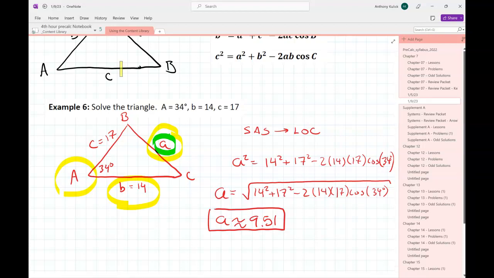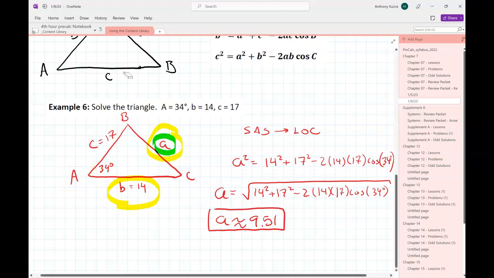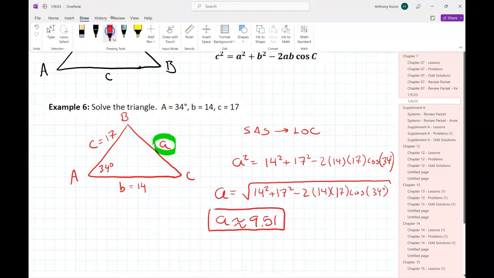And I want to be careful that I don't run into that ambiguous case where I put together a law of sines problem that should have two triangles. I don't want to deal with that. So I'm going to be very careful in the order I solve these things so that I avoid that SSA situation, or that ambiguous case.